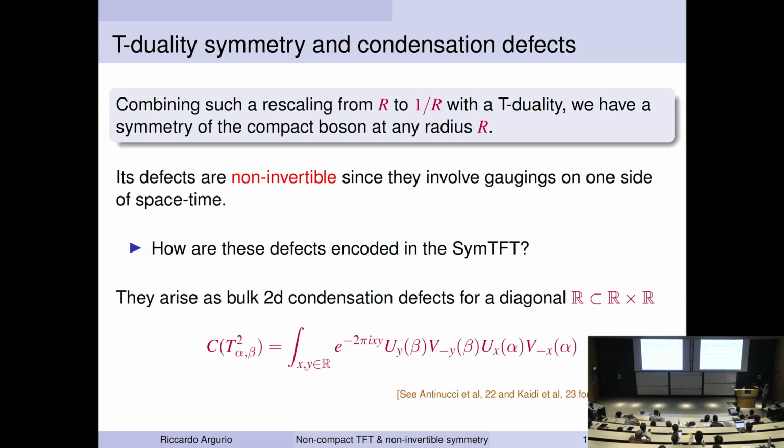The duality symmetry arises from a condensation defect in the symmetry TFT, where we gauge the diagonal R in R times R, and opening these defects can be shown to lead to the non-invertible lines at the boundary.